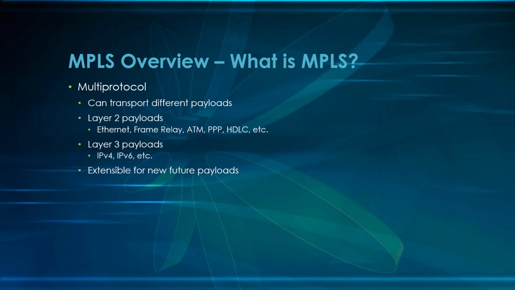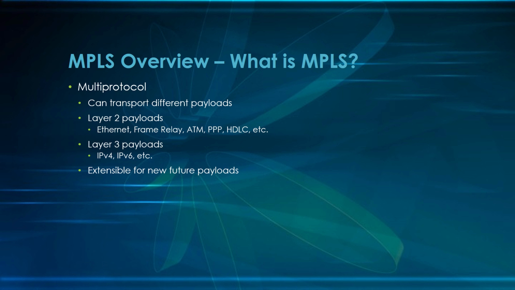MPLS itself is leveraged inside the service provider, which means that there is some sort of transport between the customer's location and the service provider edge, at some point of presence or POP location where a provider edge router sits. Between that, what they commonly refer to as the last mile, that's not MPLS. That could be IP, Ethernet, frame relay, ATM, PPP, HDLC, IPv6, IPv4.